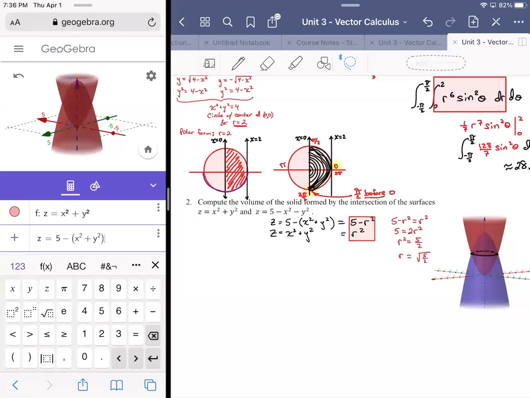But the region above the upward facing one is going to be a little trickier to do. So instead, what we could do is find the volume below the downward facing one, as in between the downward facing one and the XY plane, and then just subtract off the volume between the upward facing one and the XY plane.